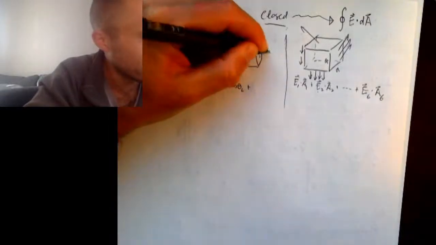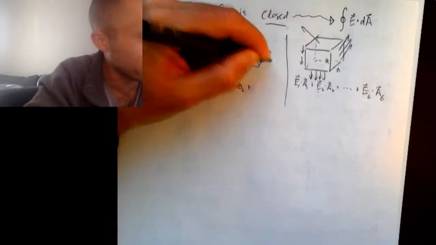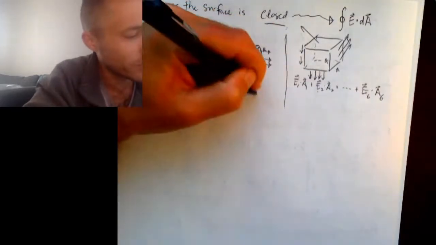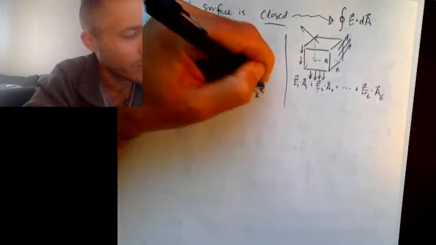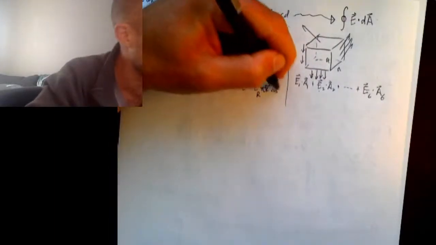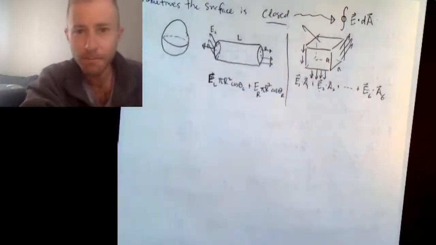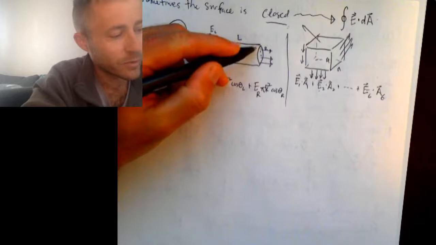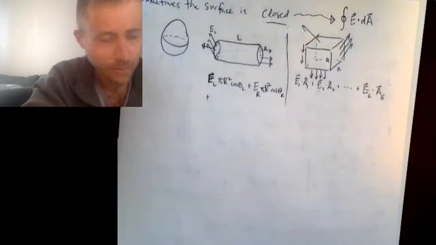Maybe the electric field on the right side points in this direction, so you would have the electric field on the right side times pi r squared, because that's the area of the right side, times cosine of theta on the right side, plus, and then we have the third face, which is the cylindrical curved face.